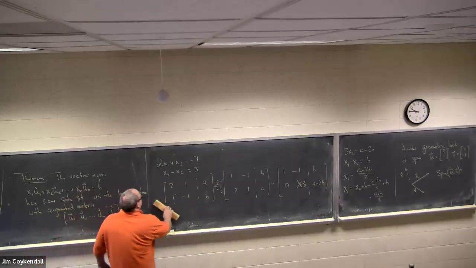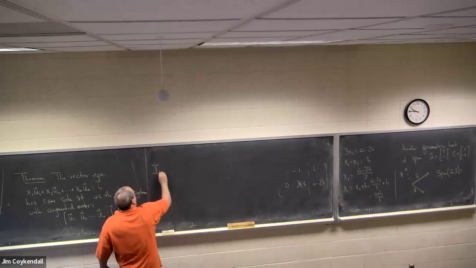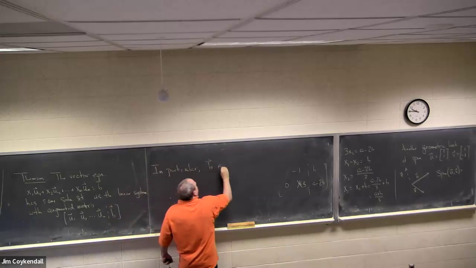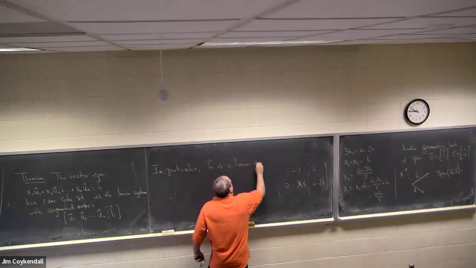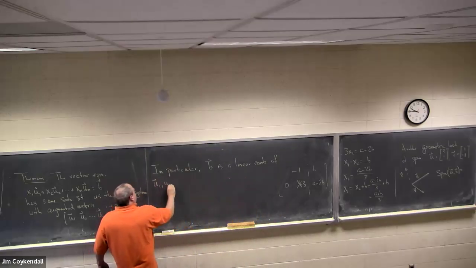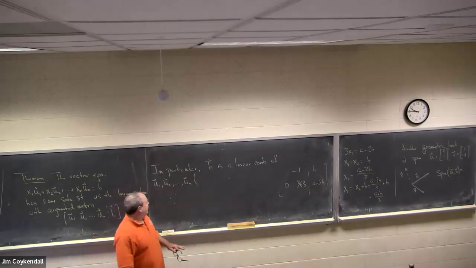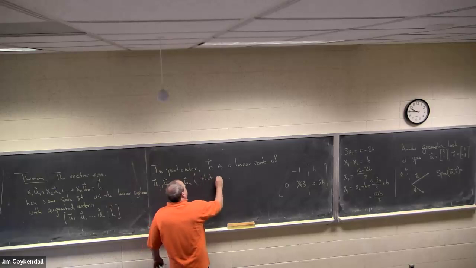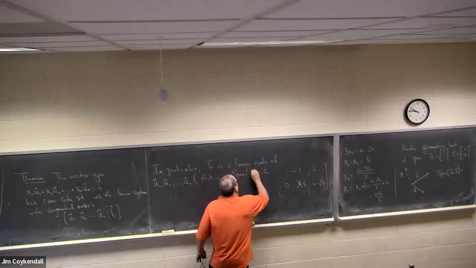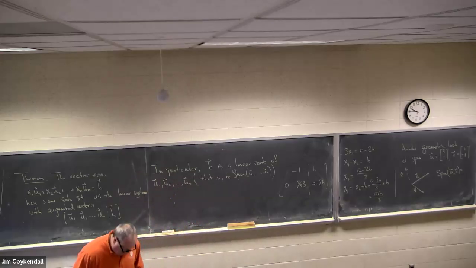So in particular, b is a linear combination of u1, u2, ..., un, which is the same thing as saying b is in the span of these vectors, if and only if the system is consistent.